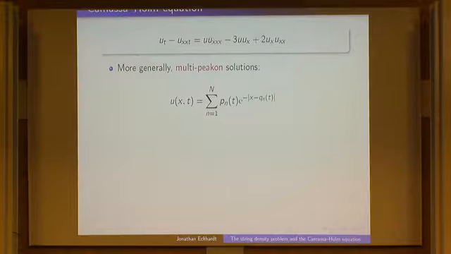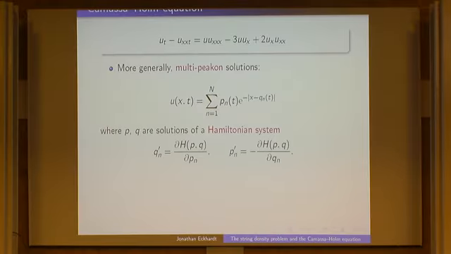So what you can do is form superpositions of these peakon solutions, but now the heights and the positions of these single peaks will evolve in a non-linear way. And something like this will be a weak solution of the Camassa-Holm equation if and only if the coefficients satisfy some Hamiltonian system.